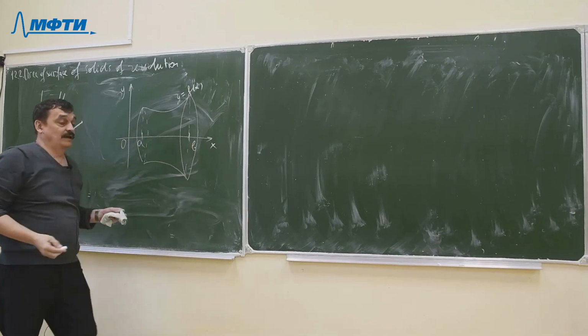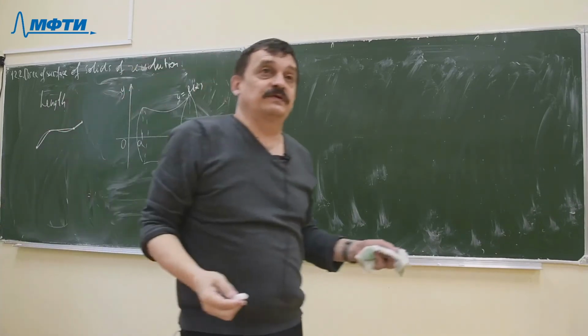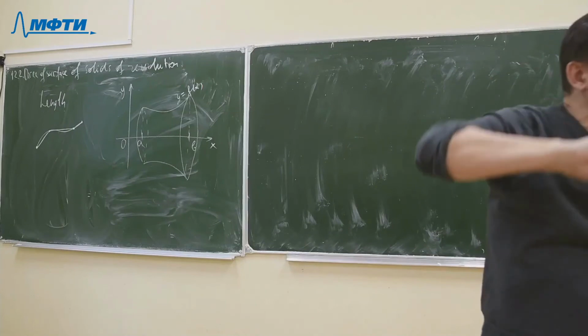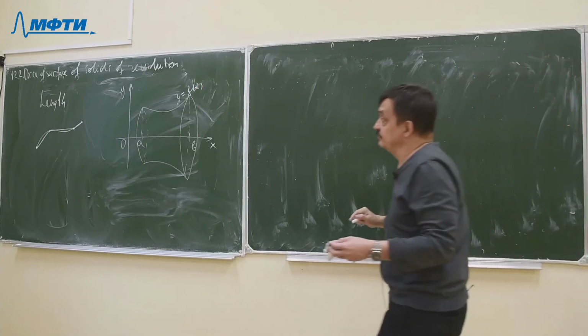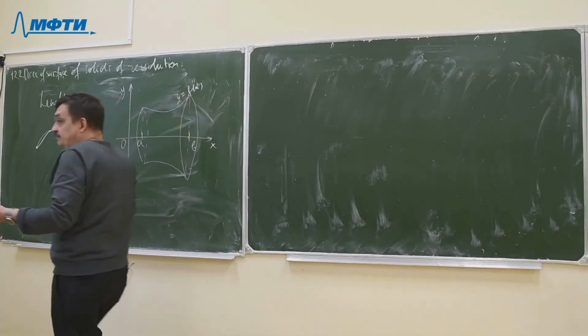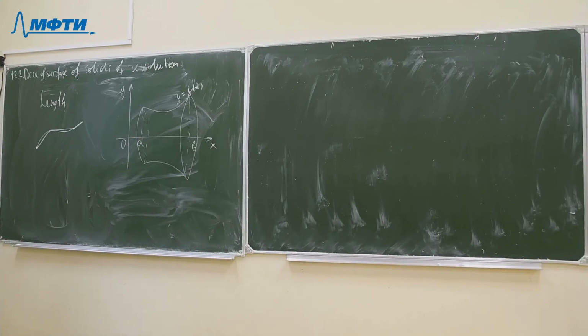And we want to compute the area of the surface of that solid of revolution. But now we need to understand how to define the area of a surface. And you see that now geometric intuition may be wrong. That is more complicated than volume or area.